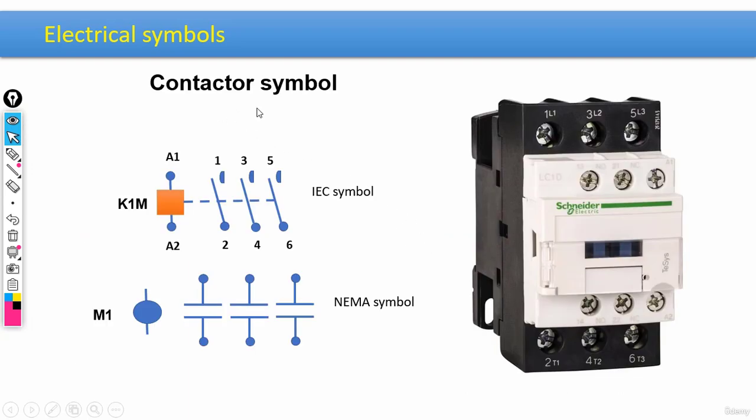Okay, here we can see two symbols for the contactors, IEC and NEMA, obviously. Then this would be the bobbin of the contactor, and it is usually specified with K1M, K2M, K3M, and so on. Now we have two terminals set on both sides of the bobbin, specified by A1 and A2, as you can see.